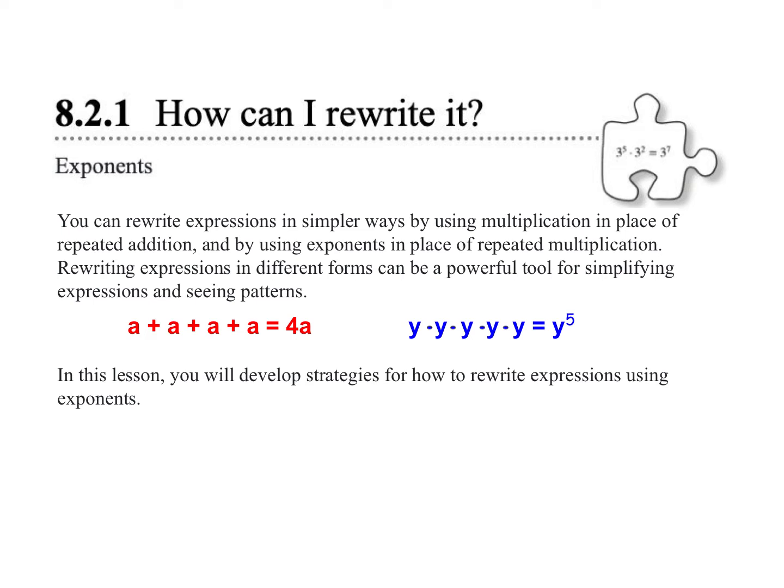Repeated addition is multiplication. We recognized yesterday that something like y times y times y times y times y is actually just repeated multiplication. Repeated multiplication is the next step up. That is your exponents. That's actually why the order of operations has exponents before multiplying, because exponents is repeated multiplication.